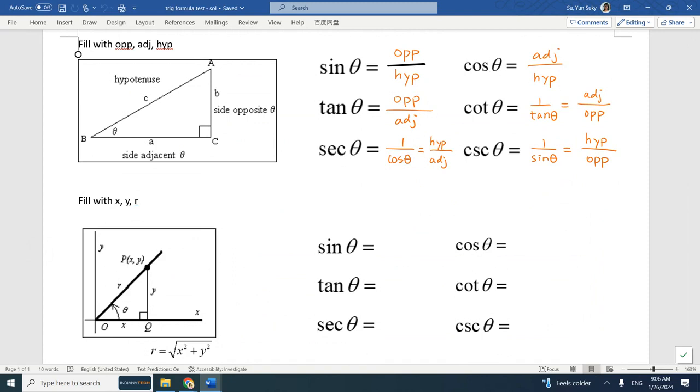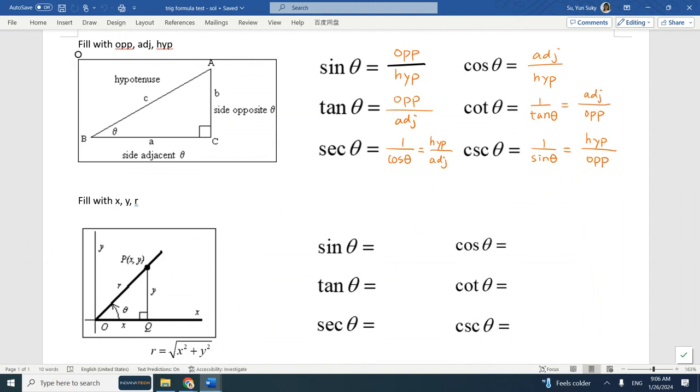In the second quadrant, x is negative, y is positive. In the third quadrant, x is negative, y is negative. In the fourth quadrant, x is positive, y is negative. Okay, yes. So to make things simple, let's just have the picture like this.